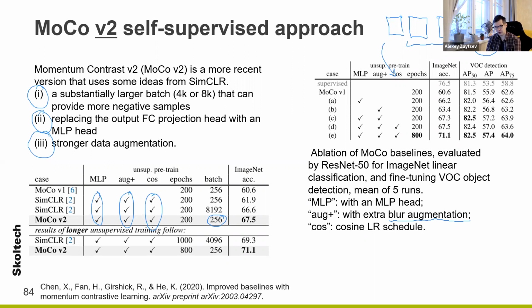The gap is about 5% if you have only 200 epochs. So we can say that MOCO is a winner if we have a limited amount of resources here, and if we have a limited batch size.